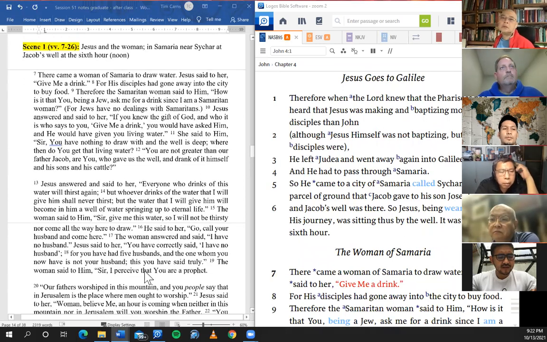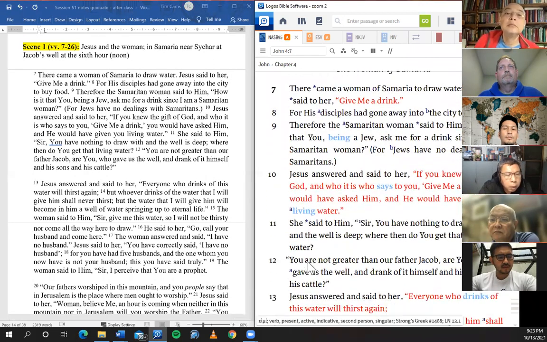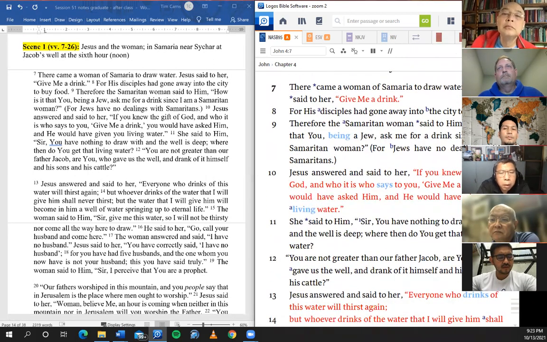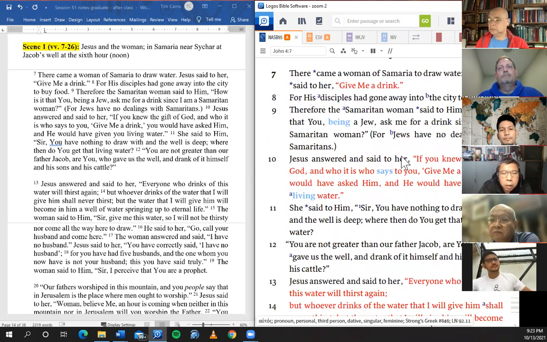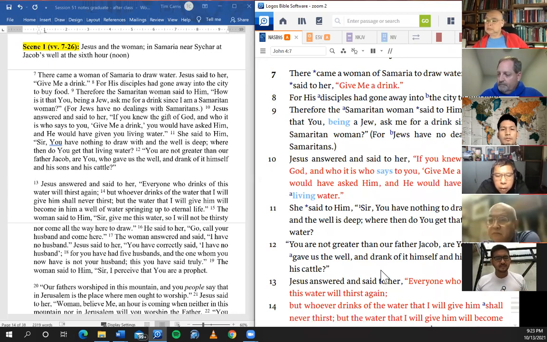Verses 7 to 12. There came a woman of Samaria to draw water. Jesus said to her, "Give me a drink," for his disciples had gone away into the city to buy food. Therefore the Samaritan woman said to him, "How is it that you, being a Jew, ask me for a drink, since I am a Samaritan woman?" For Jews have no dealings with Samaritans.